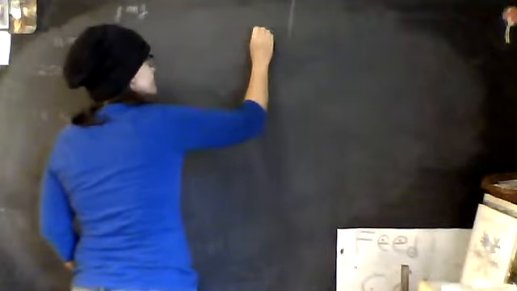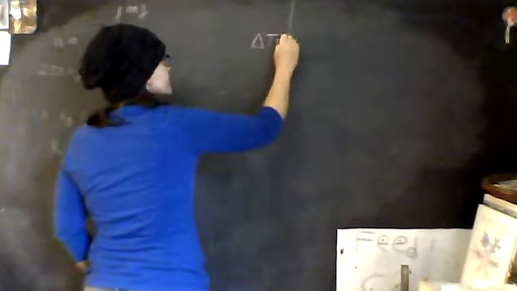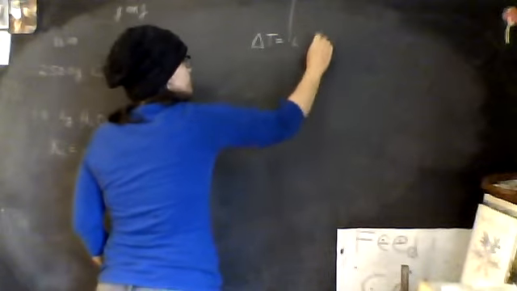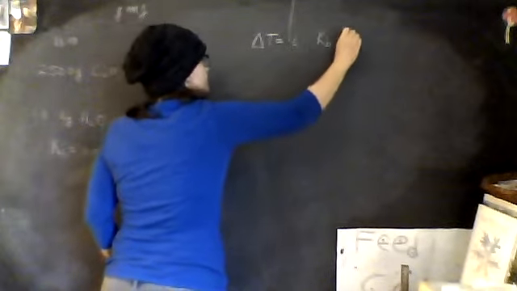Okay. So again, we're going to be using the formula, which is found on page 374. What is that formula, Martin? Delta T equals i times Kb times molality. Okay, so let's calculate molality.